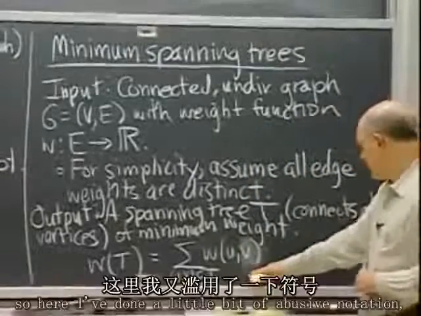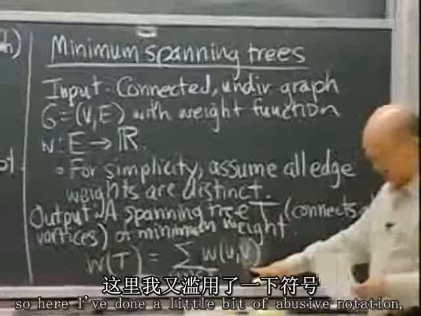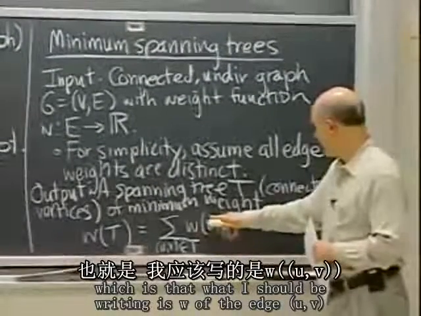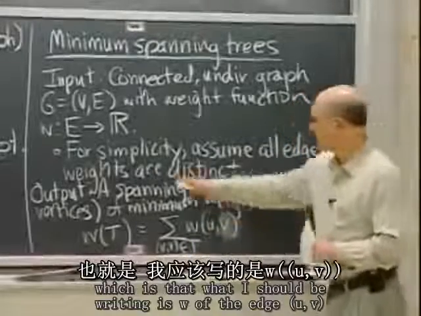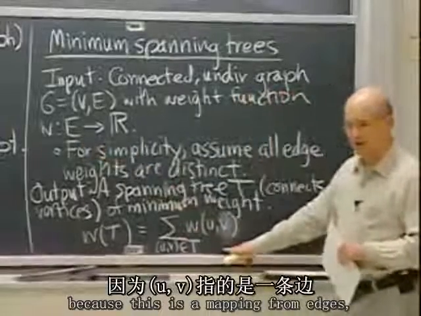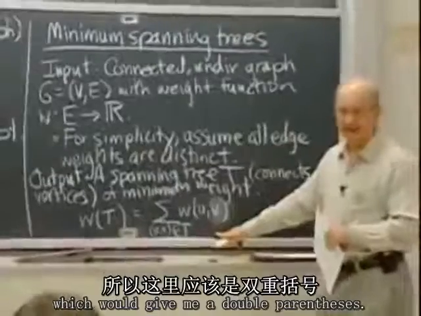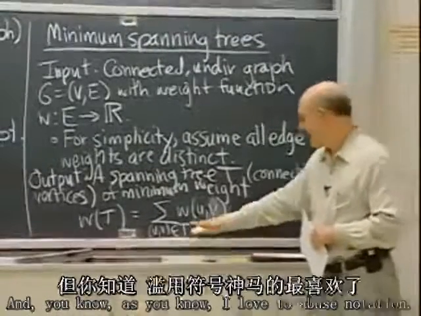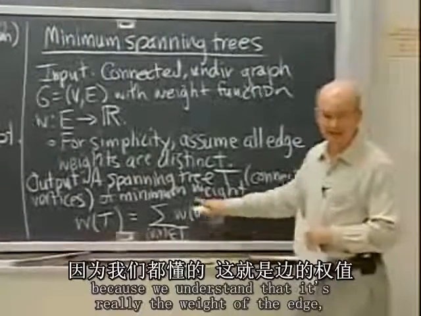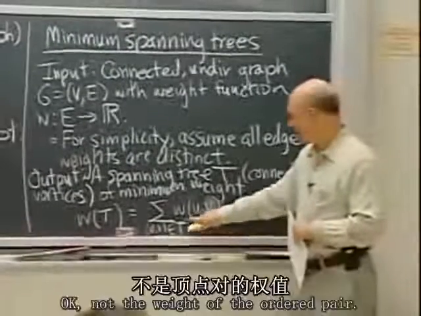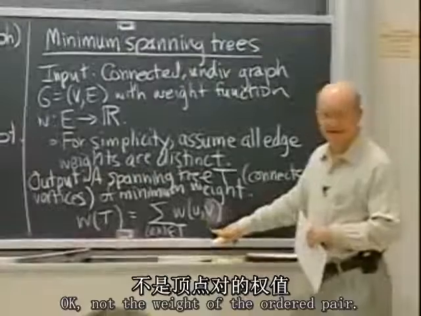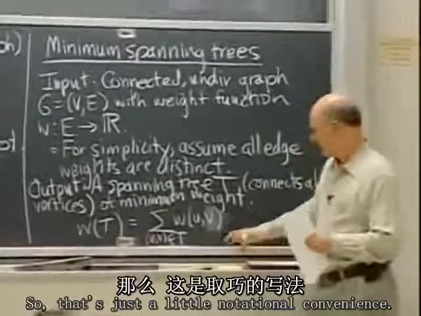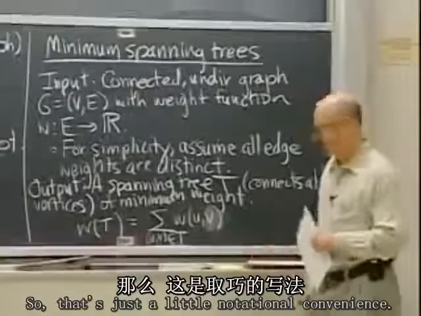Here I've done a little bit of abusive notation. What I should be writing is W of the edge (u, v), because this is a mapping from edges, which would give me double parentheses. And as you know, I love to abuse notation. So I'm going to drop that extra parenthesis because we understand that it's really the weight of the edge, not the weight of the ordered pair. That's just a notational convenience.